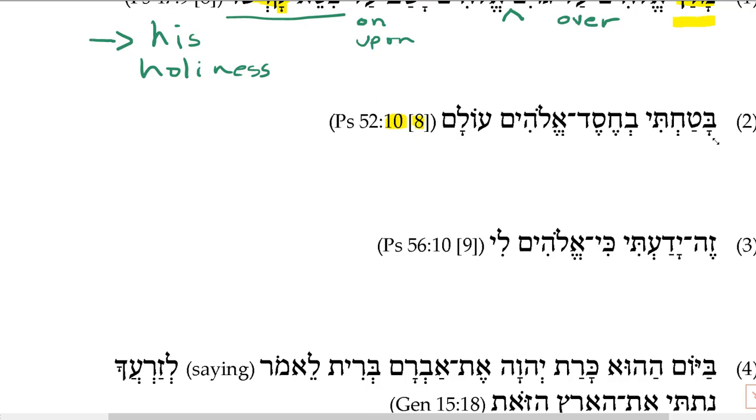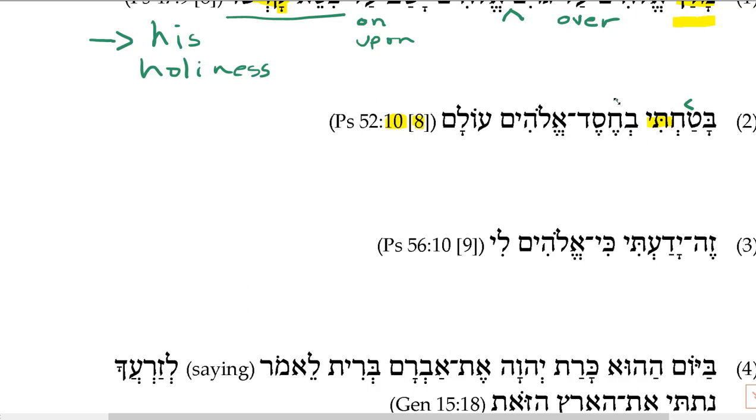All right, so batachti, notice the T ending. Actually, there should be an accent there. This should be batachti. So there should be an accent right there. Batachti. And then there should be one here as well, actually.